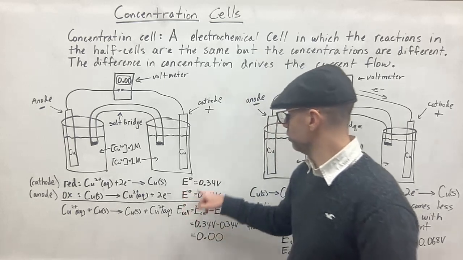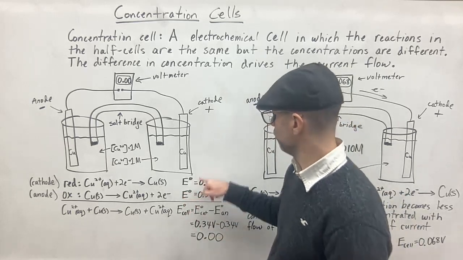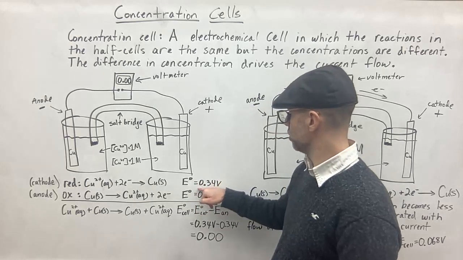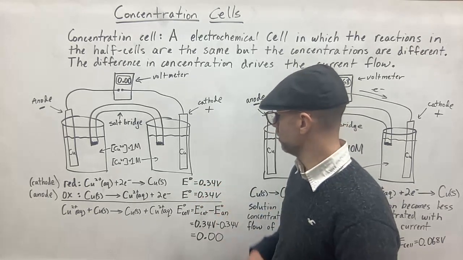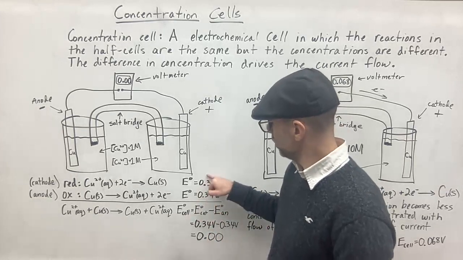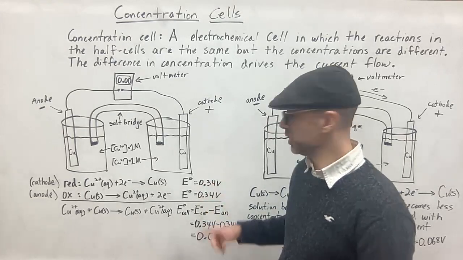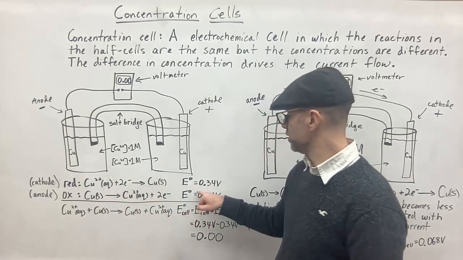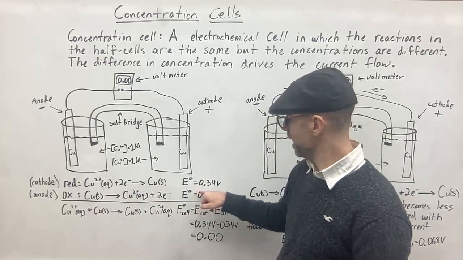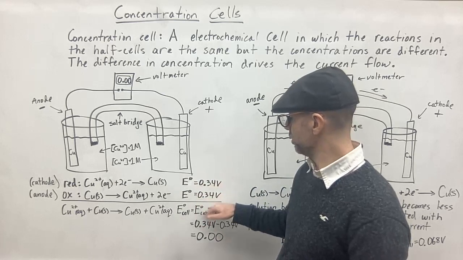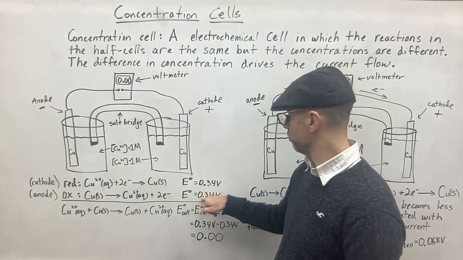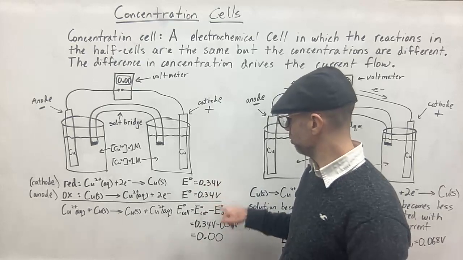And so you'll notice that the electrode potential for each of these electrodes is 0.34 volts. Now, these are the reduction potentials. So since we have oxidation occurring here, what you could do is change the sign to a negative, add those together, so you get 0.34 volts minus 0.34 volts, and you get 0.